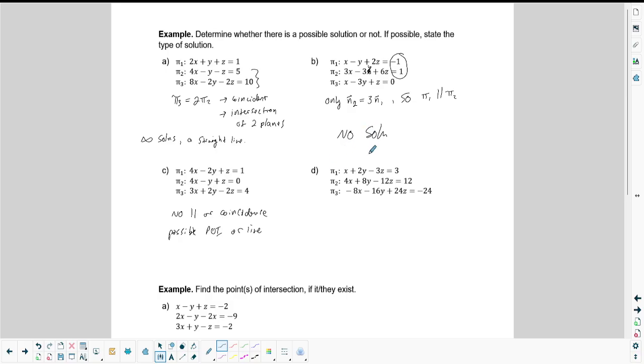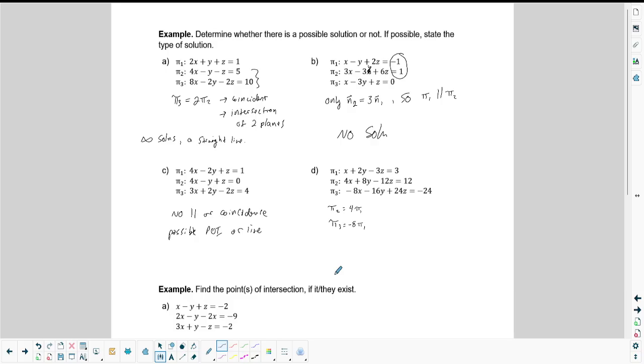Okay, on this guy, to go from 1 to 2, multiply by 4, multiply by 4, multiply by 4, multiply by 4. Plane 2 equals 4 times plane 1. And then the other one, plane 1 and 3, multiply by negative 8 each time. Plane 3 equals negative 8 times plane 1.